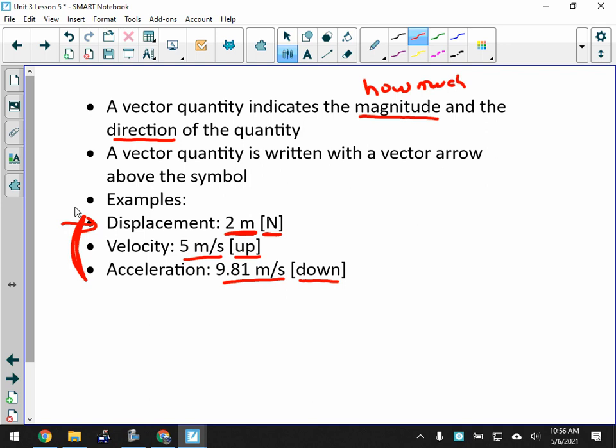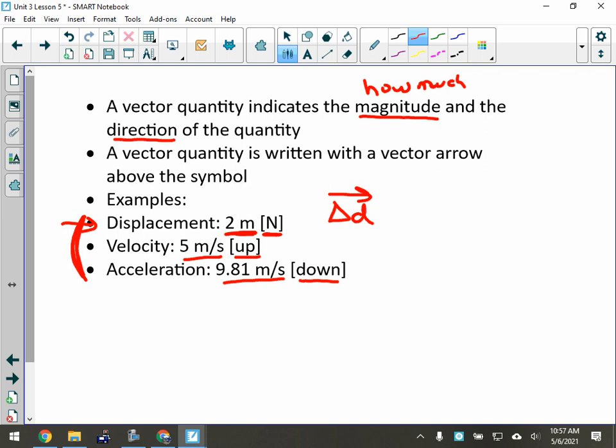You've seen delta d before, and it stood for distance. Now, when I put an arrow above it, that implies it's actually going to be something called displacement, or a vector, so we want to include a direction with it.